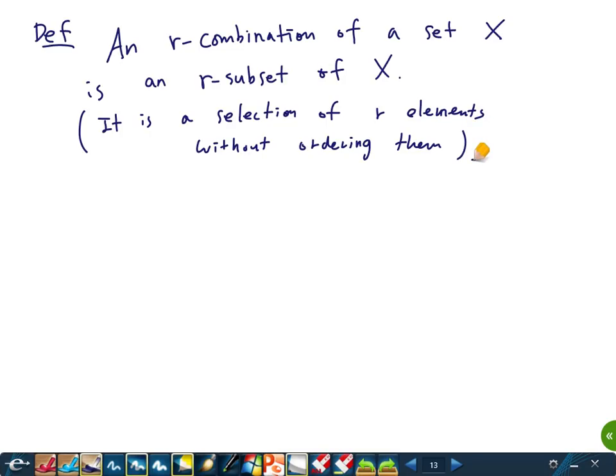So an r-permutation means we select r elements and then we arrange them. But for an r-combination, we just select r elements, but we don't arrange them. We just take them, without considering the order.